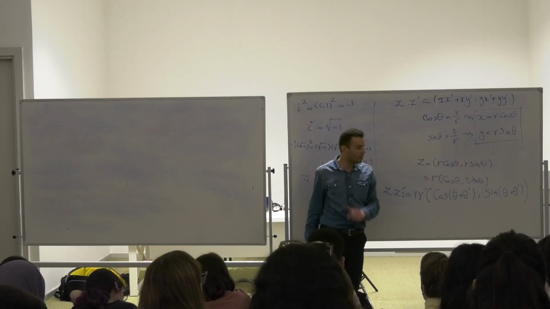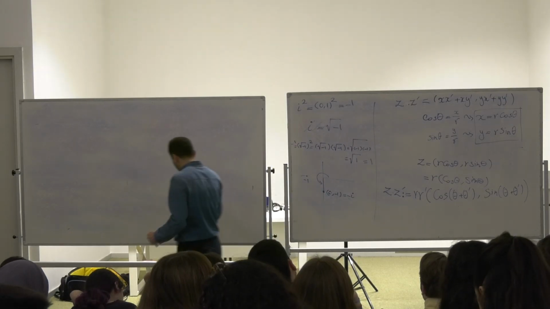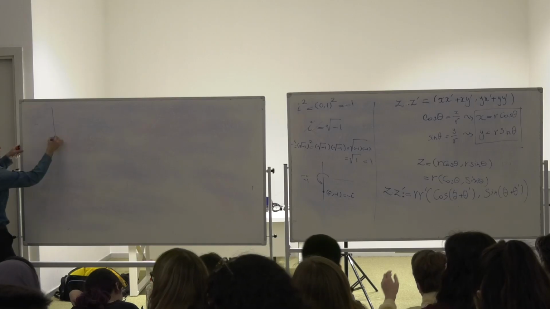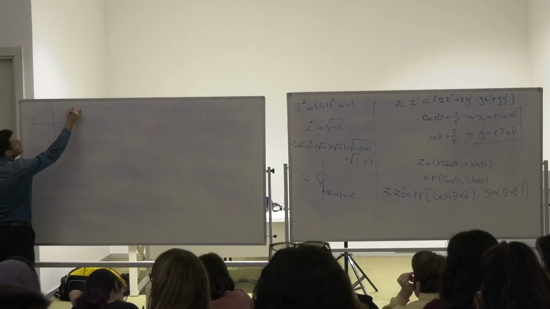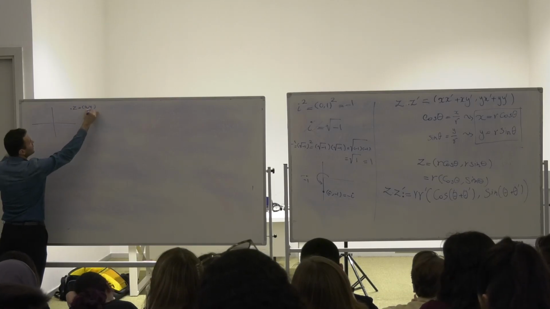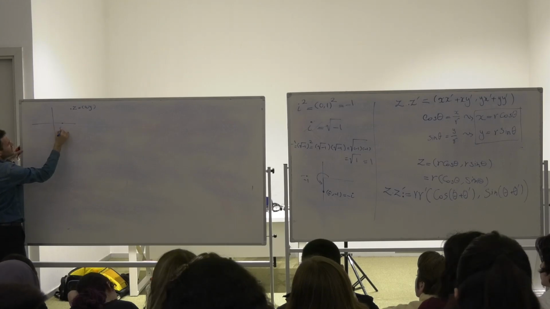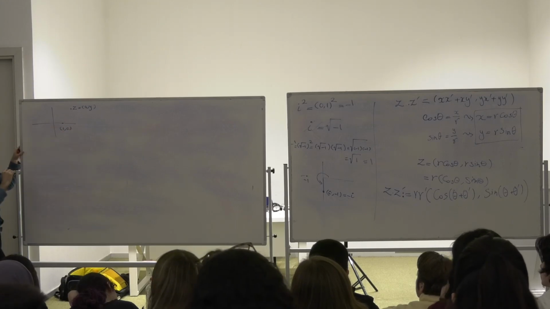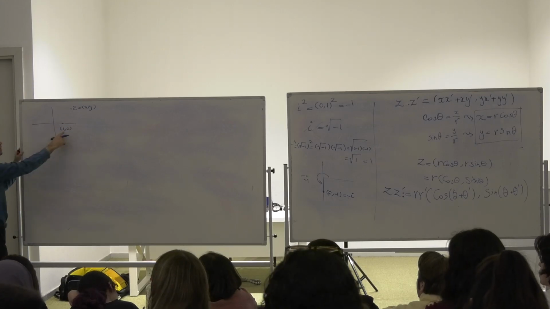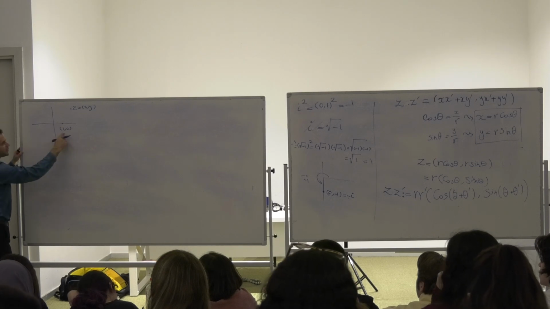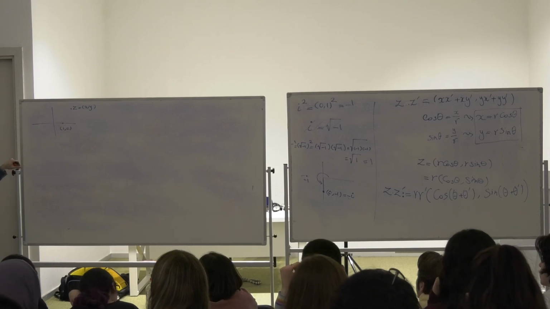This is the first thing. The second thing, look at this, please. If you have a point xy like this, let's take this point 1, 0 here. If you multiply any complex number with this 1, 0, what is it going to be?